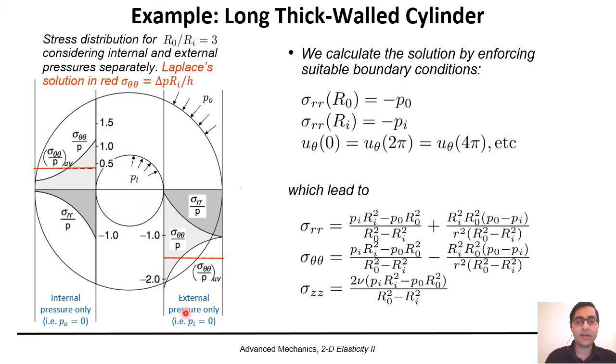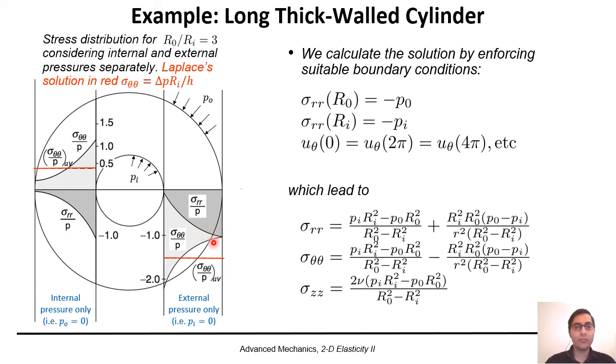So basically, it doesn't matter if we have only internal pressure or external pressure. Circumferential stress sigma theta theta will have a maximum value on the inner surface. But depending on whether we have higher internal pressure or external pressure, sigma RR may have a maximum either on the inner surface or on the outer surface.